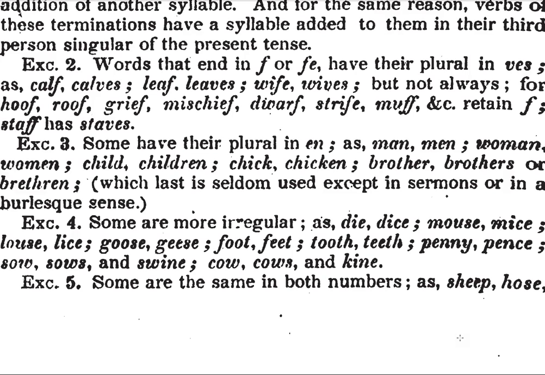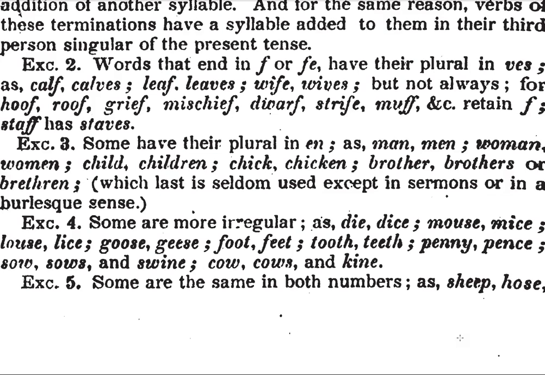Some are more irregular, as in die and dice, mouse and mice, louse and lice, goose and geese, foot, feet, tooth, teeth, penny, pence, sow, sows, and swine, cow, cows, and the alternative, kine.